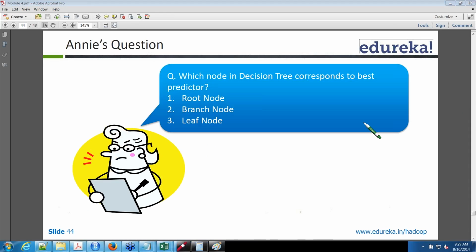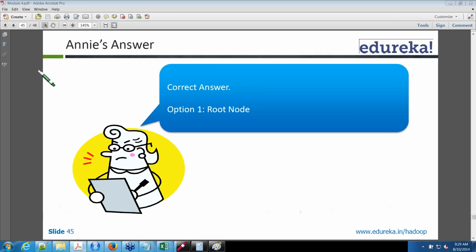So we'll do a practical, then we'll come back to this question. Okay, we'll finish this. Which node in a decision tree corresponds to the best predictor? Root, branch, or leaf node? Root node. Okay. So the root only decides which split it has to do.